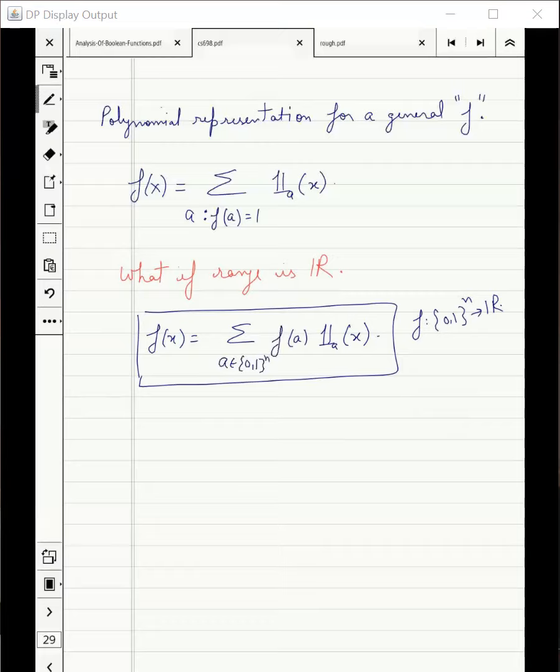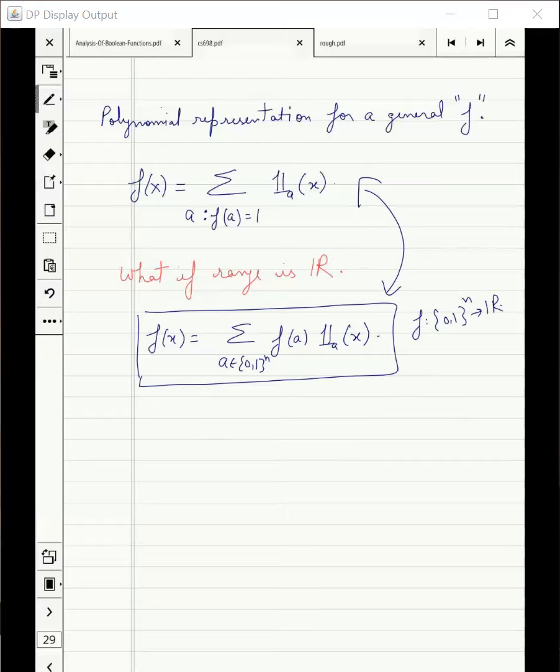Now things have changed slightly. I will take f(a) over all a from 0 to 2 to the power n minus 1, and clearly this is taking care of the previous equation also. When I restrict f(a) to be 0 or 1, it becomes the equation which was available. Sounds good? Yes, good.